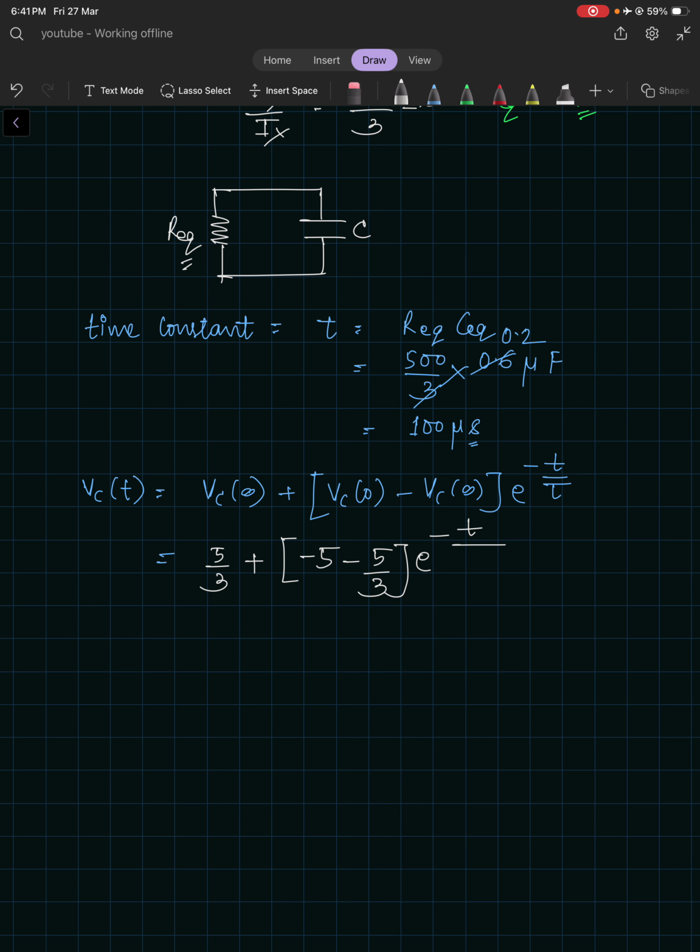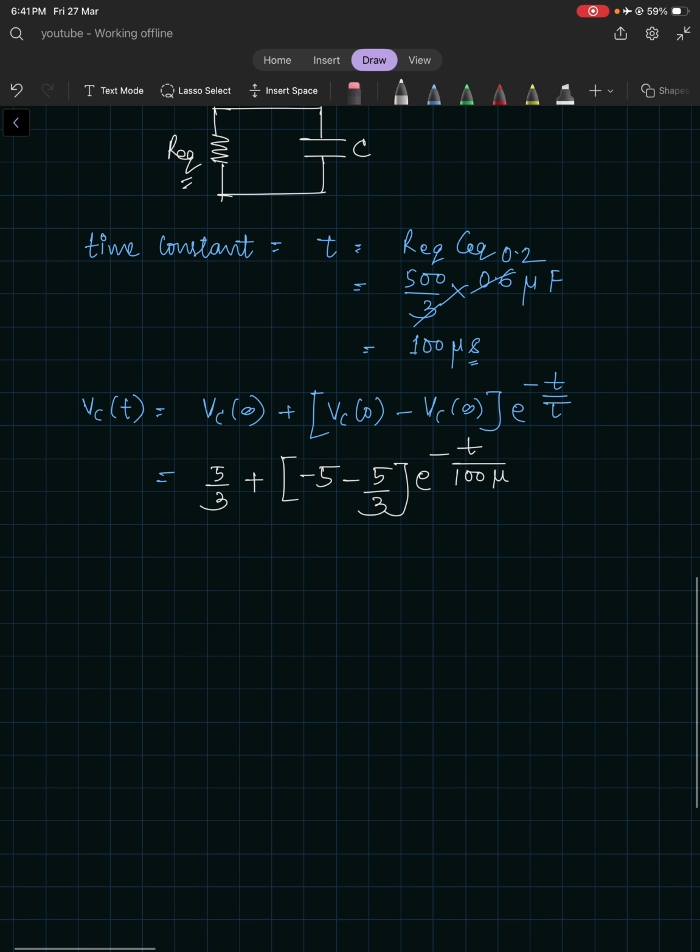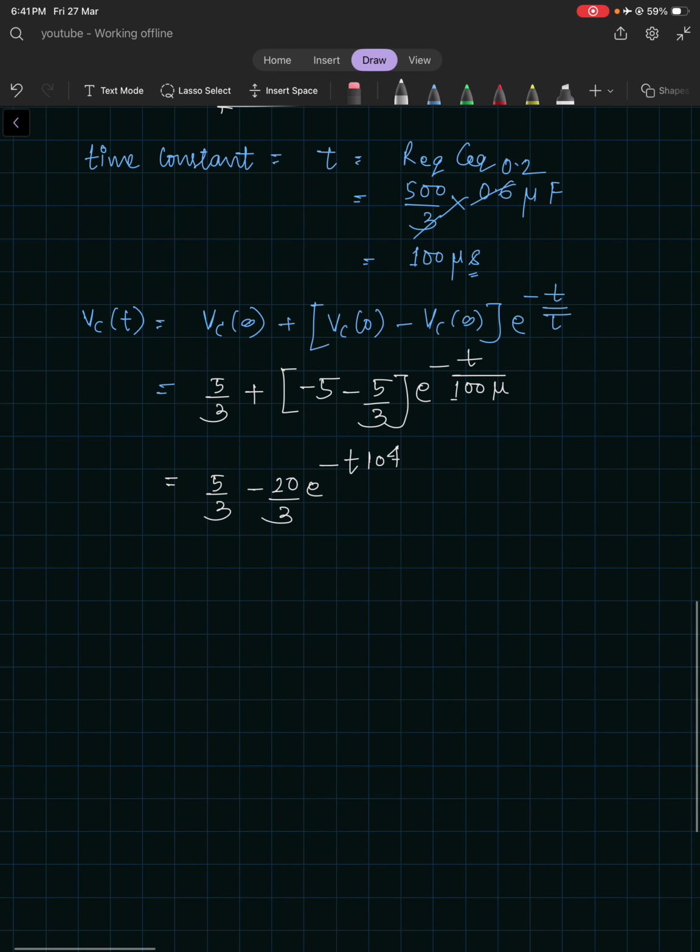Tau is equal to 100 micro. Let's write it like this: 5 by 3 minus 20 by 3 e power minus t over 100 micro, that is 10 power 4 t. So this is the solution, right?